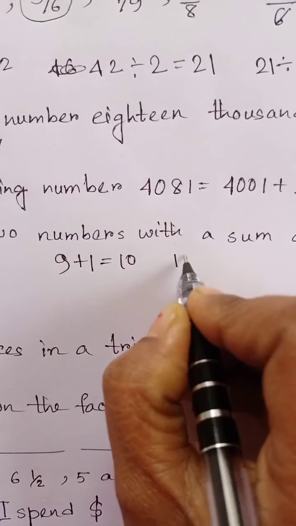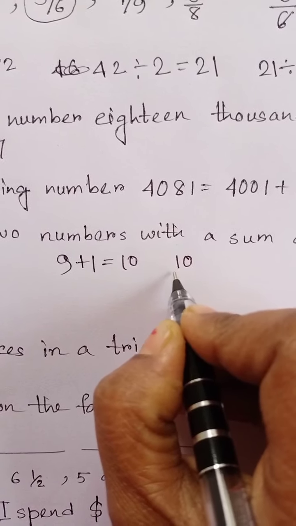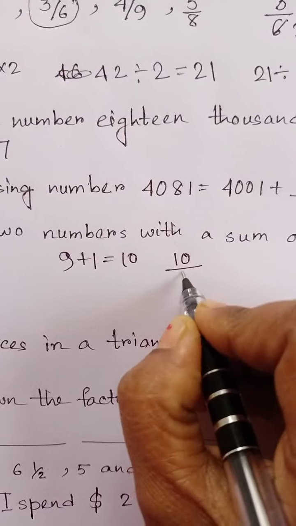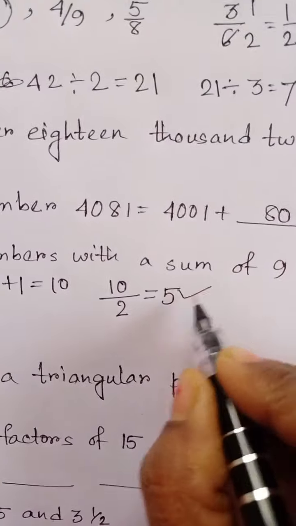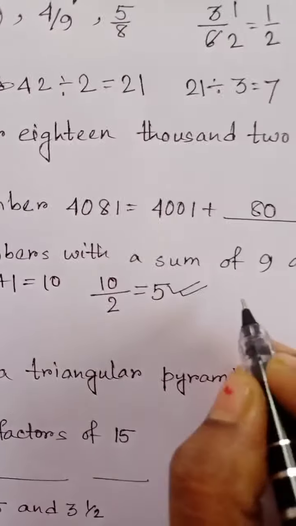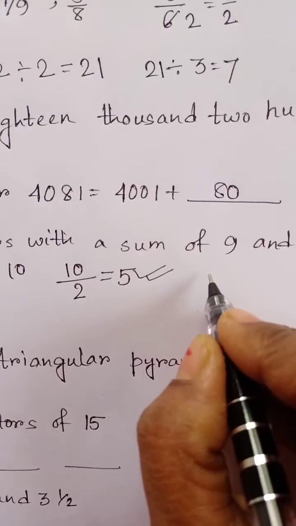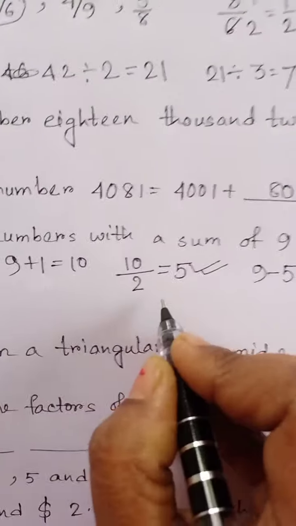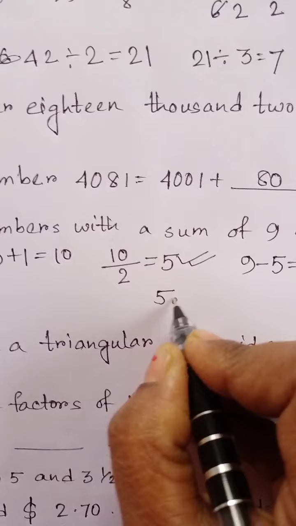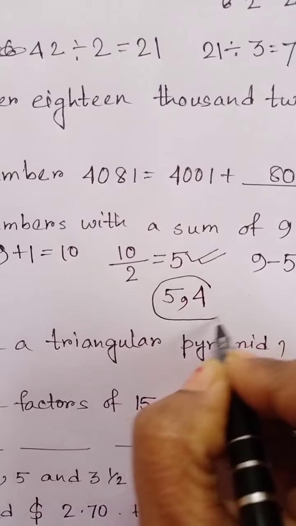Then we have to divide 10 by 2. Here 10 by 2 is equal to 5. So 5 is one of these numbers and the other number is 9 minus 5 is equal to 4. So the numbers are 5 and 4.